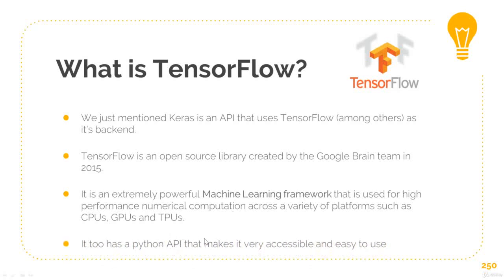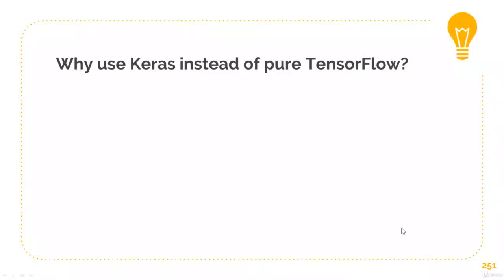It too actually has a Python API, and it pretty much is accessible and easy to use, but Keras is much easier to use. So why use Keras instead of pure TensorFlow? As I said, Keras is extremely easy to use as it follows a Pythonic style of coding, and it is extremely modular. You don't even have to be a proficient programmer to use Keras.